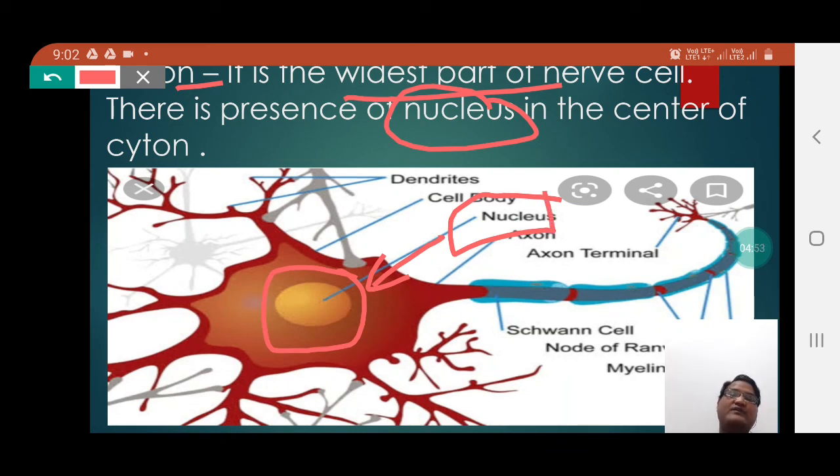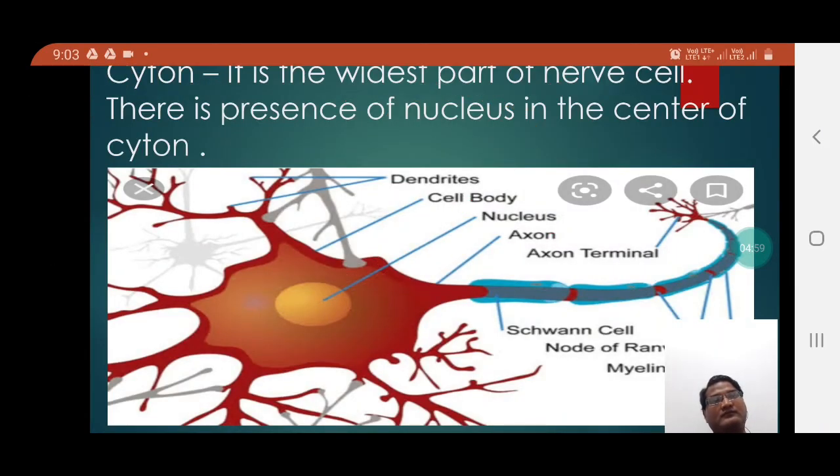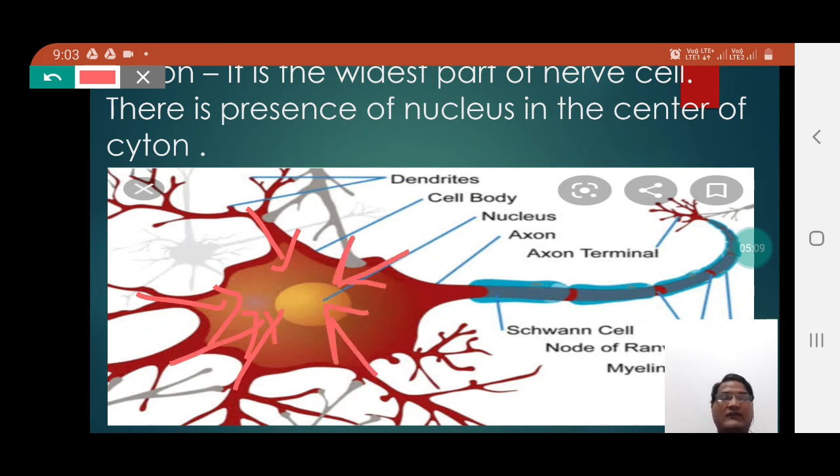The main function of the cyton is to collect and receive all the sensory impulses from the dendrites and further sum it up and transmit it to the axon. That's the main function of the cyton.